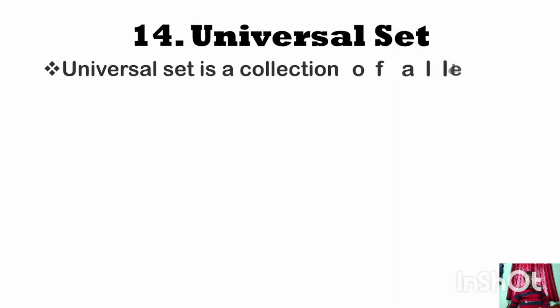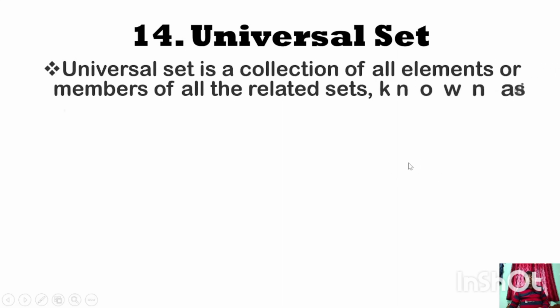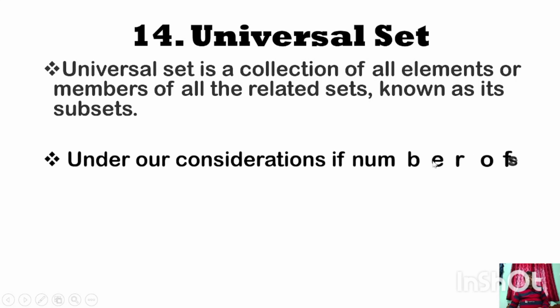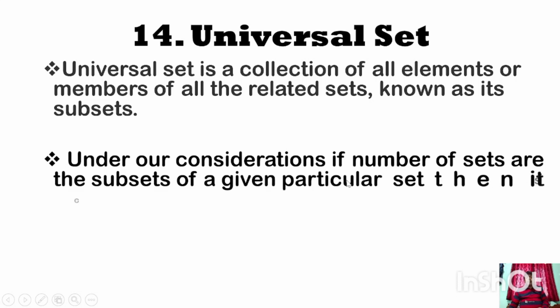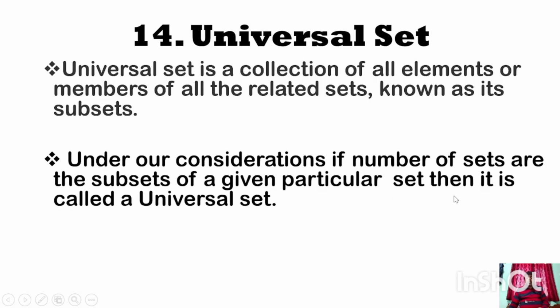Another important definition of the set is the universal set. A universal set is a collection of all elements or members of all the related sets, known as its subsets. Under our consideration, if a number of sets are subsets of a given particular set, then the given set is known as the universal set.